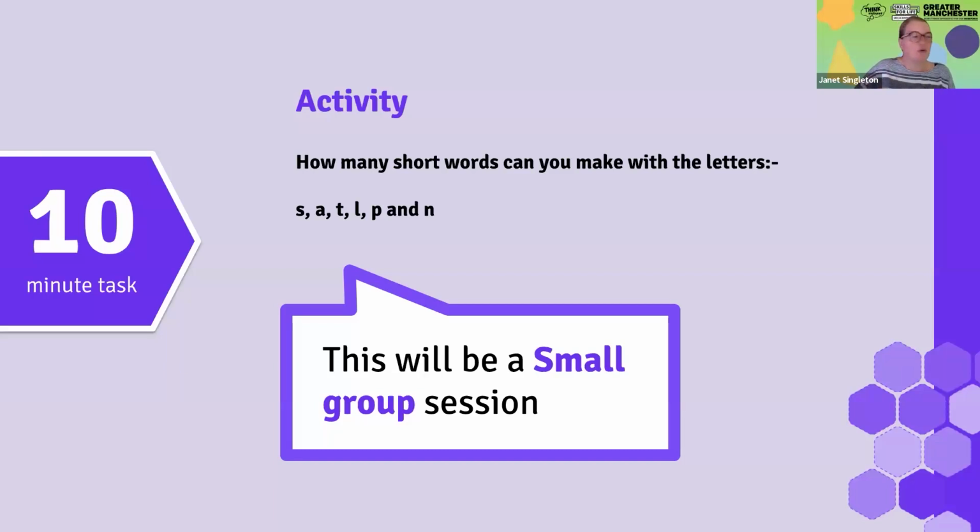And again, it's 3 minutes past 1, so I'm going to open the rooms again. So about 7 minutes. So let's see how many words you can get just from those letters. So not using the ones from the other screen, only these ones. So S, A, T, L, P, and N. I've got salt already. There you go. That's 1. Off you go. I'll open the rooms.